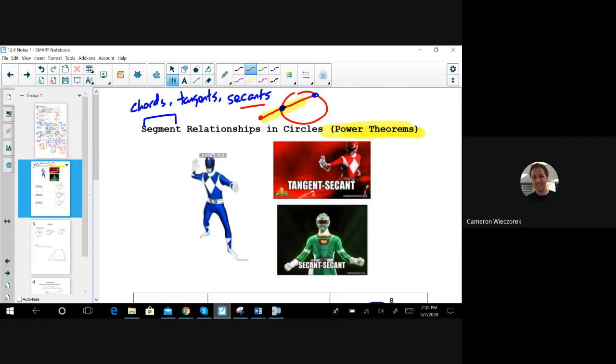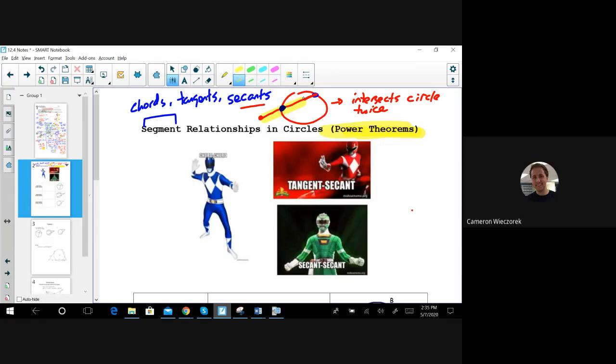It'll continue. But a secant intersects the circle twice. And we don't care about what it does after it hits the circle the second time. We always stop it at this point, and that's all we care about.